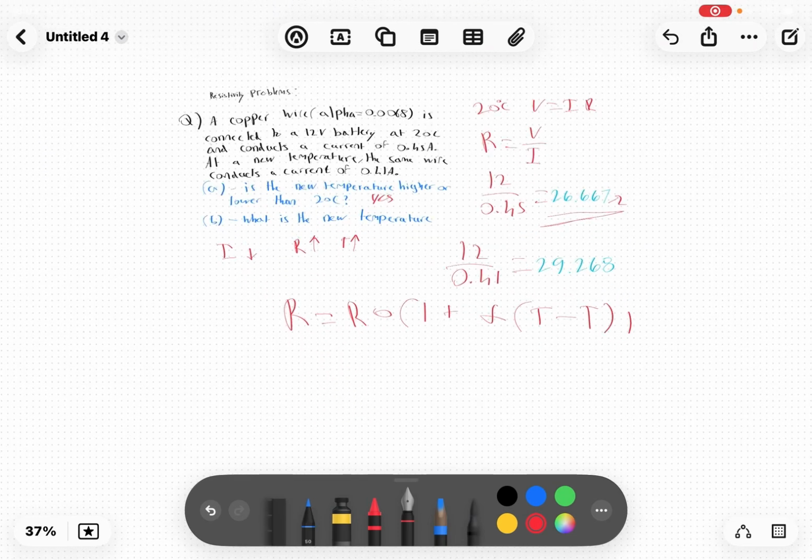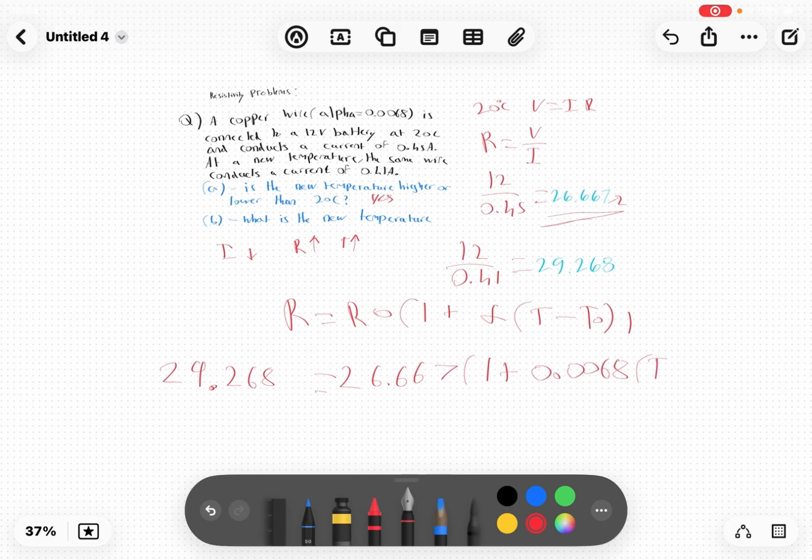Old resistance was 26.667, times 1 plus the alpha, which is 0.0068, and then that is times the new temperature minus the old one. We need to know the old one, and I forgot to mention that all this we already know was the new resistance. It's equal to this.